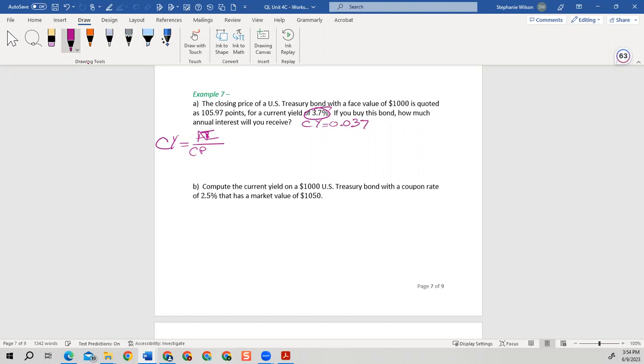And then we don't know what AI is, but we do know what our CP is. Our CP is going to be 1,000 times our points.